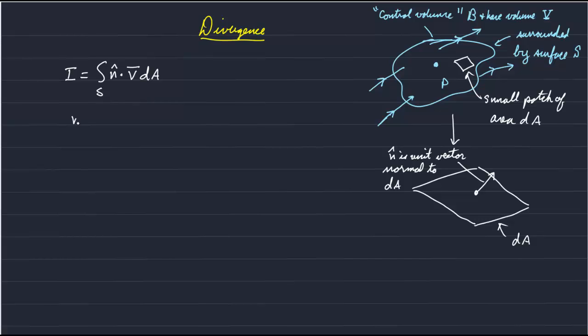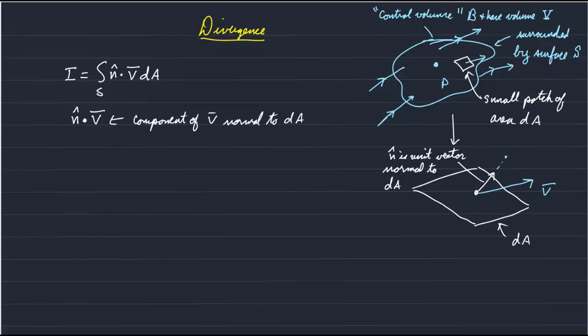Now, n hat dotted with our vector field v gives the component of our vector field v normal to dA. So in this vector field, we have a patch, and at that point of the patch, there's a vector part of our vector field, and it might be pointed in some arbitrary orientation.